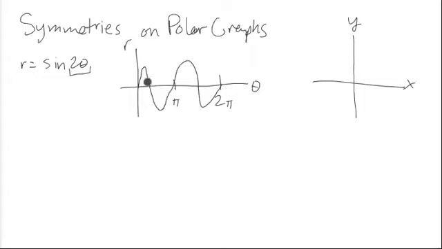Not exact. All right. So notice that every time we have something from here to here, that's a leaf or a hump going from r value 0 to 0. So here's a leaf or a petal. You have another leaf or petal, another one, another one. Now notice this negative one right here, where r is negative.